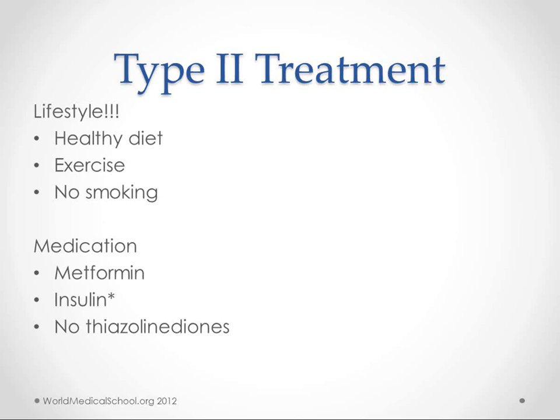You can totally get better from type 2 diabetes in kids. So this is on the parents and on the patient to change their lifestyle. If we can't control it, then we can use metformin, we can use insulin, but the thiazolidines are not indicated, and I don't think sulfonylureas are either.